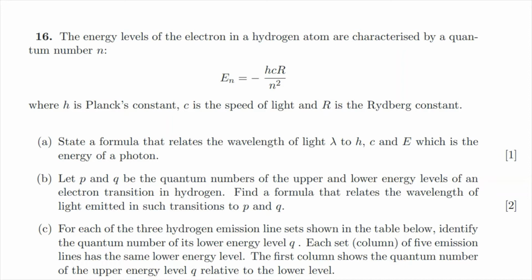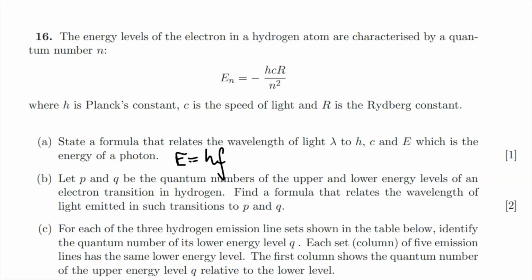Part A. State a formula that relates the wavelength of light to h, c, and E, which is the energy of a photon. So you should know that the energy of a photon is E equals hf.